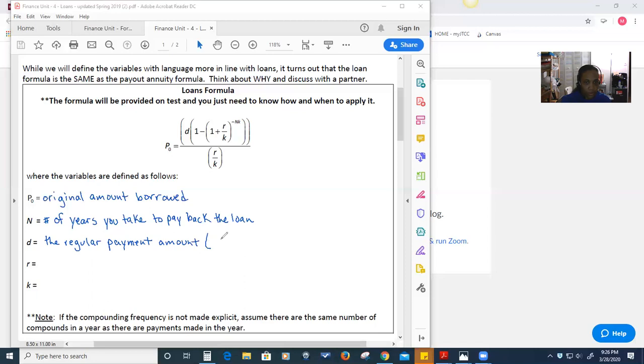And again, this is usually monthly, but it doesn't have to be. R is the interest rate. And remember, you always write that interest rate in decimal form.